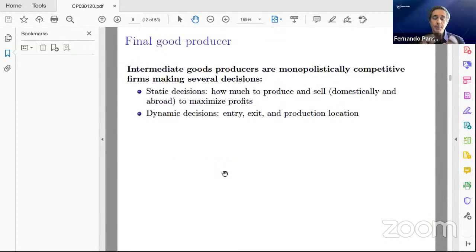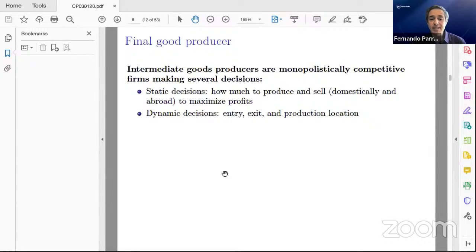In terms of the production and trade structure, this is going to be pretty standard. It's going to be an economic geography model with monopolistically competitive firms that are going to produce intermediate goods. And these intermediate goods producers are going to make several decisions. They're going to make static decisions that are pretty standard, how much to produce and how much to sell domestically and abroad in order to maximize profits.